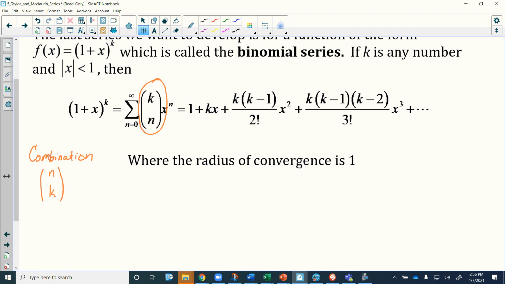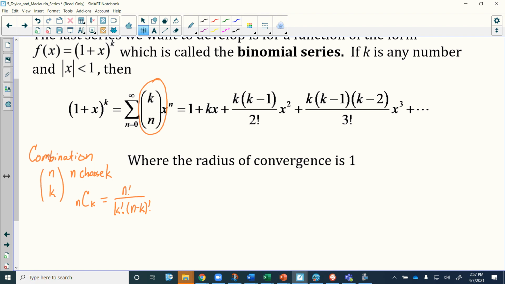We read it, but usually it's written like this, where it's kind of upside down from what we're given for the binomial series here, and we read it as n choose k. Usually we look at it as n factorial divided by k factorial times n minus k factorial.